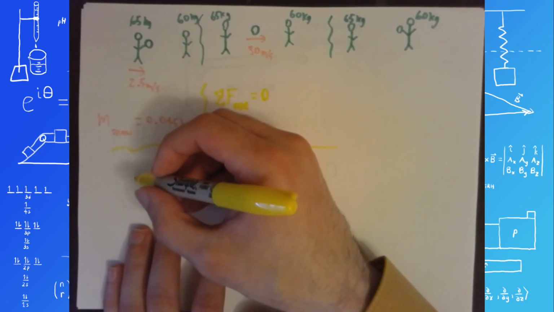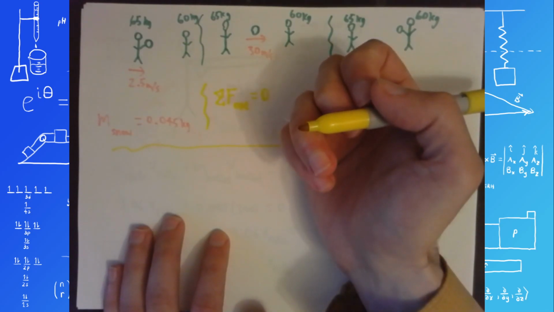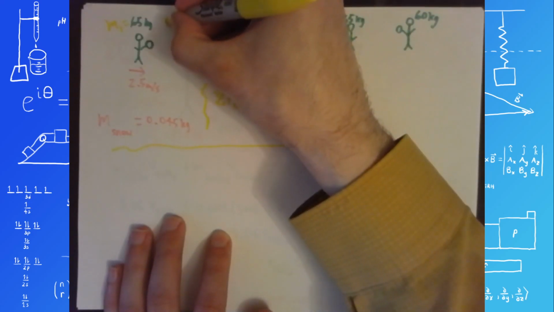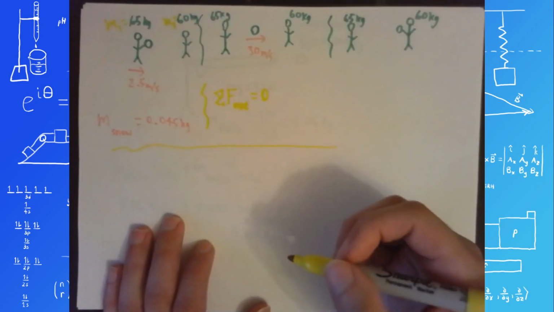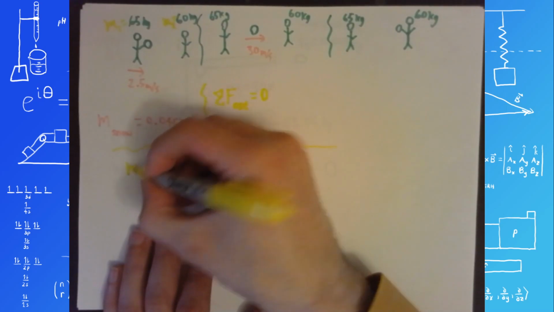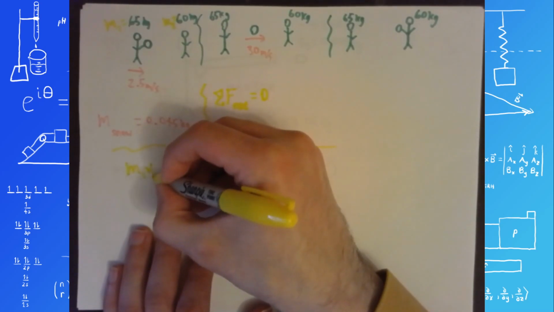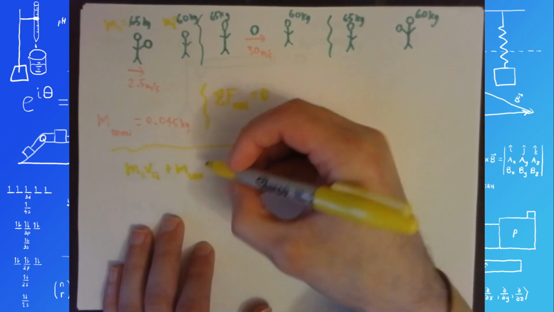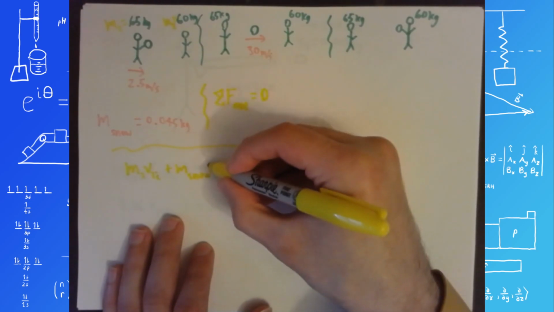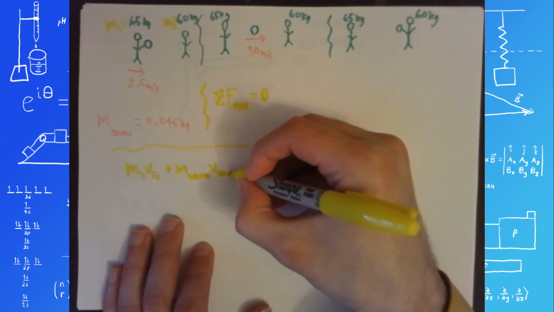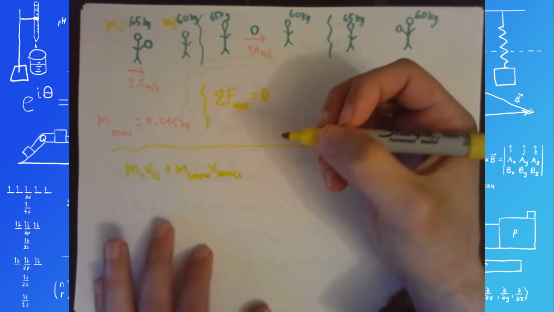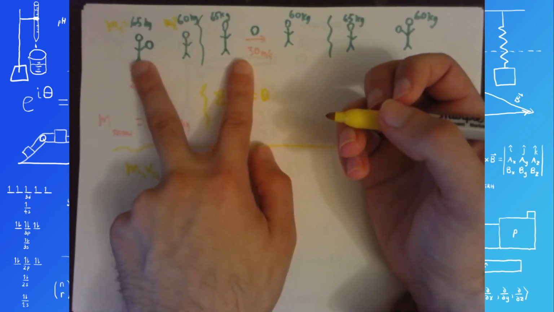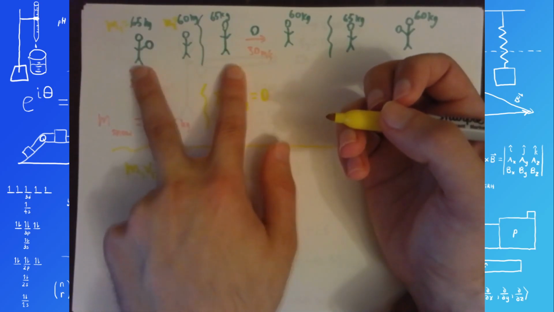So, how do I want to label the masses of these people? I'll call this one M1, and I'll call this second person M2. And then I'm going to go M1 V1 initial plus M snow V snow initial. And I guess I could include the second person, but if I'm just looking between these 2 scenes, the second person isn't involved in that first step.